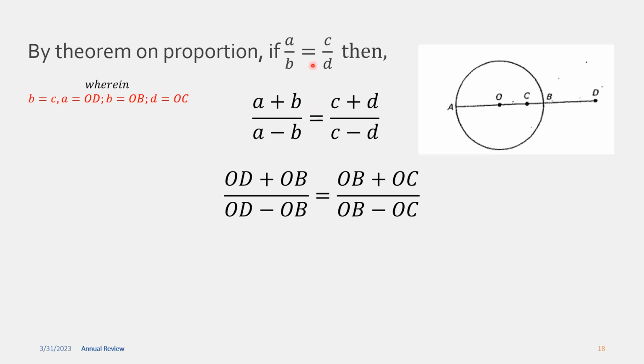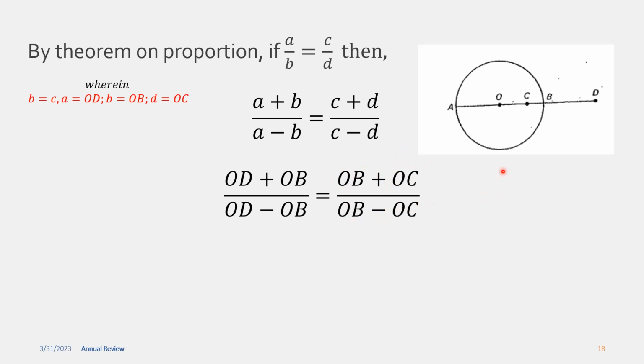From this proportion, substitute the value of our B, which is also equal to C, by the reflexive property of equality. So OB plus OC, OC being the value of D, all over OB minus OC.